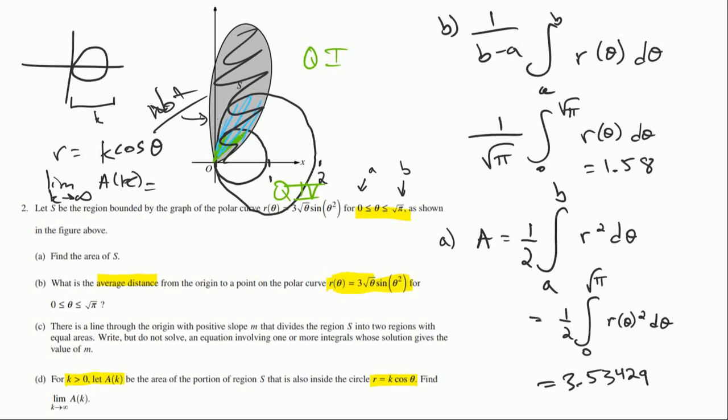Now, how do we have an expression for that? Well, we only want quadrant 1. So this is theta equals 0, this is theta equals pi halves. Now, it looks like we're just going to integrate over that. And that would be correct.